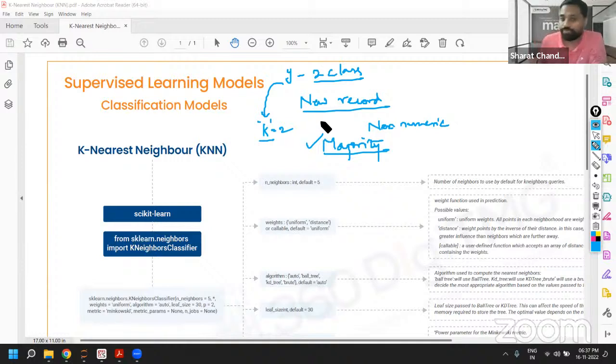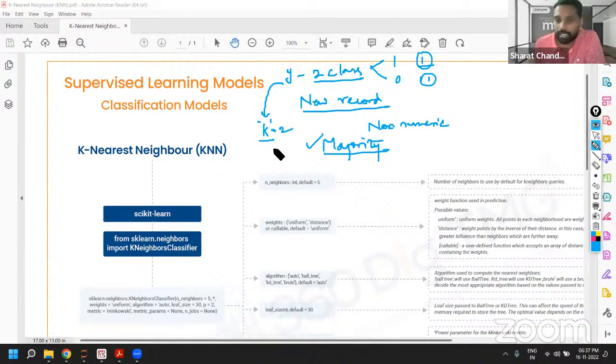If I do so, then I might get the closest records which are equally distributed. That means if I have 1 and 0, I might have one record closest to the new record from class 1, and the other record from class 0. So this is an ambiguity scenario, and this is one problem that we will have to address.